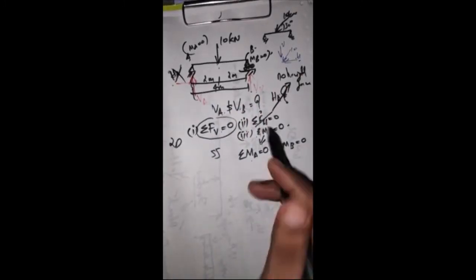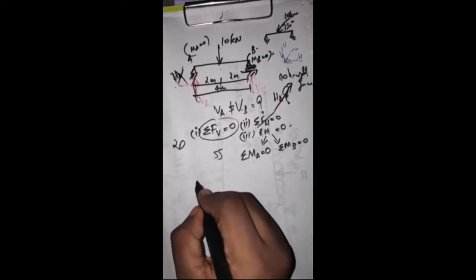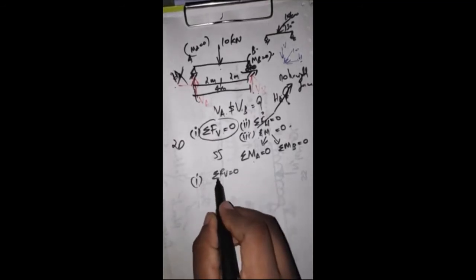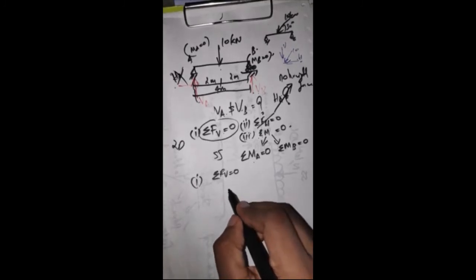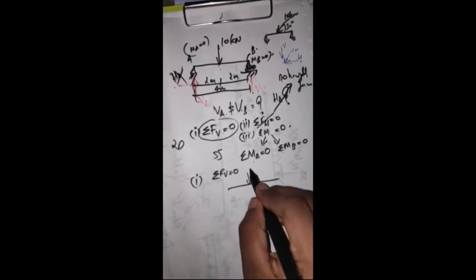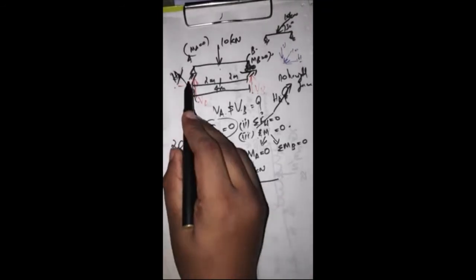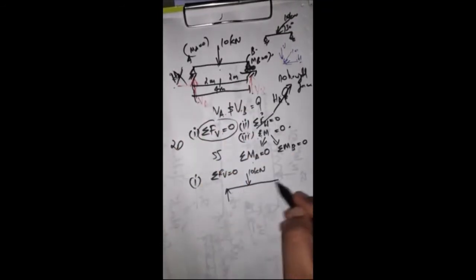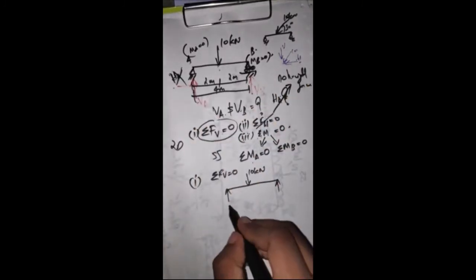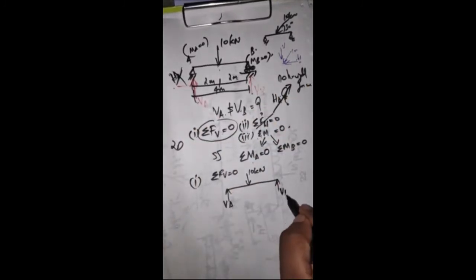So now we have to use two equilibrium equations. Let us take the first equilibrium condition: sigma Fv is equal to 0, that is, the sum of the vertical forces is 0. Let us draw the figure once more. This is the beam. A 10 kilonewton load is there. Now I am changing the supports into forces. Because there is only vertical reaction, I am changing the figure to show Va and Vb.